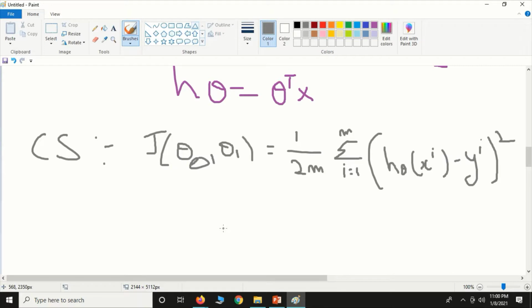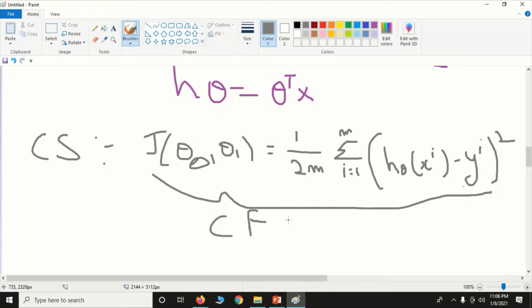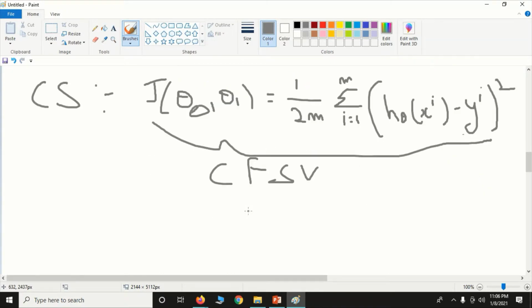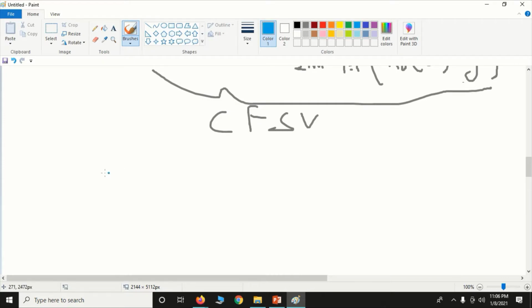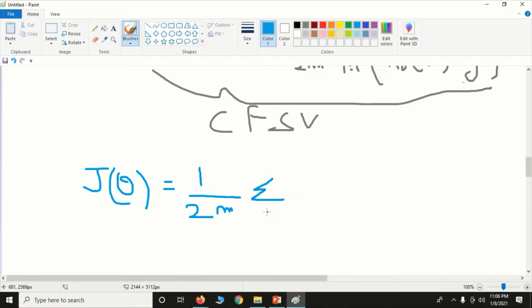Now we see the cost function for multivariate. The same will be J theta equal to 1 by 2m, summation i equal to 1 till m, where i runs over the training examples and m is the total number of training examples.